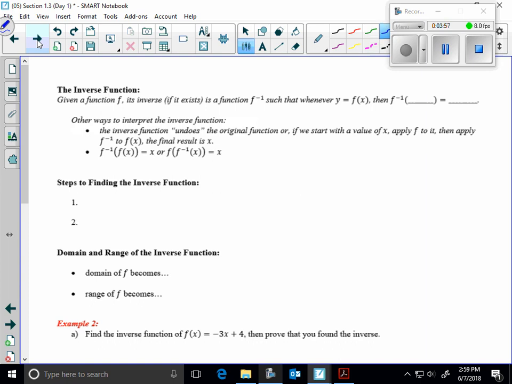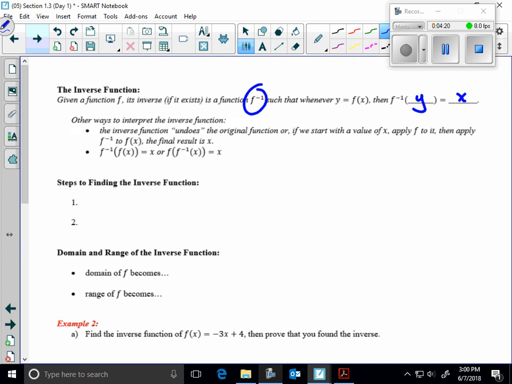Okay, so the inverse function. Given a function f, its inverse is a function f inverse. This is not the negative 1 power. This is f inverse. Right? That's how you say this, f inverse, such that whenever y equals f of x, then the inverse function of y equals x. Other ways to interpret it, the inverse function undoes the original function.